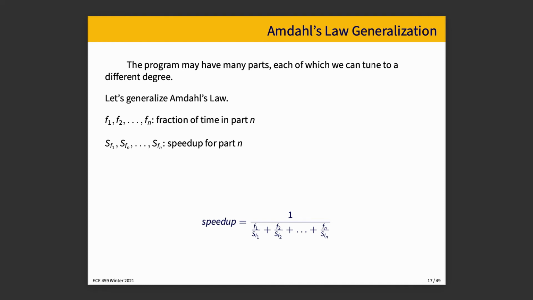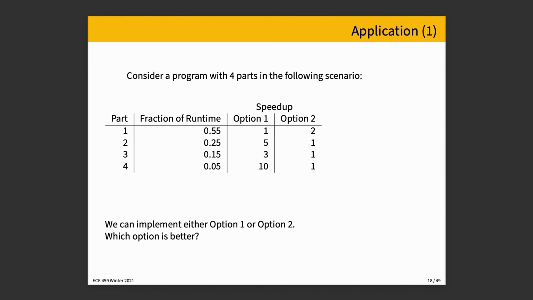So your speed up is based on how well you do at speeding up different chunks, right? If we're making a change in one part of the program, you could see what the impact of that is on the overall runtime. So consider a program with 4 parts in the following scenario.